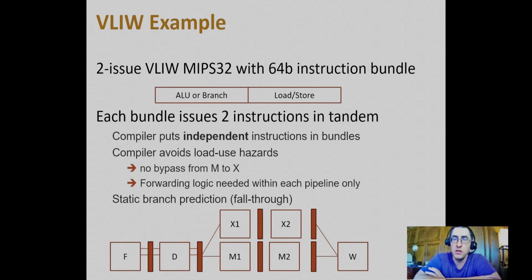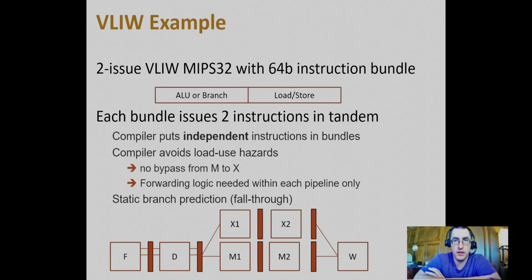For now, we're going to assume that the compiler puts independent instructions in each bundle, meaning that there's no dependencies, true, anti, or output dependencies, between the ALU branch slot and the load store slot. This way, the bundle can be issued simultaneously by the hardware, and the hardware doesn't have to check for those hazards. The compiler ensures that they don't exist. The other thing that the compiler will do in our simple VLIW machine is to prevent a load use hazard between consecutive bundles.